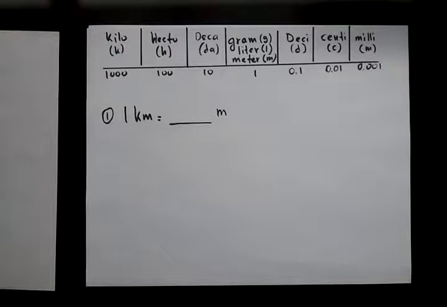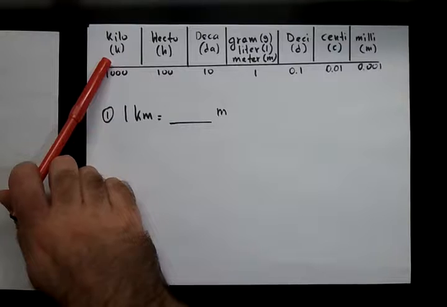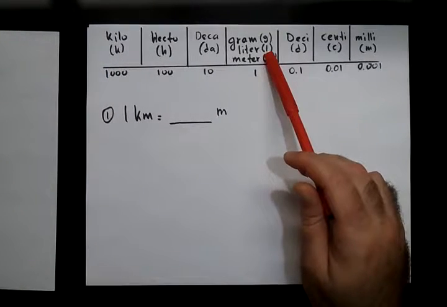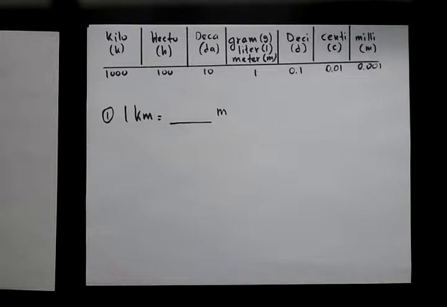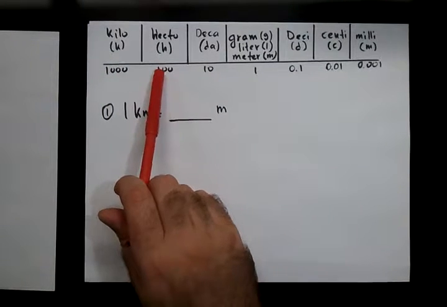How do I go about doing that? So first of all, we need to locate the kilometer on our scale. And it's right here. Here's the kilometer. And then we locate the meter on our scale. Well, it's right here. And then we calculate the number of jumps we are going to make. That's one jump.